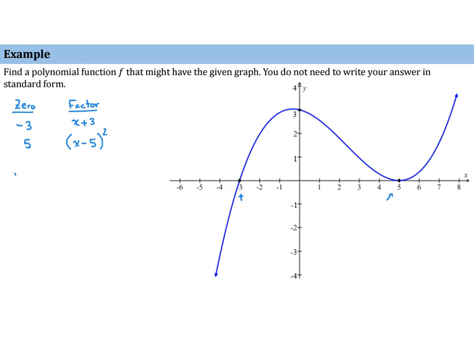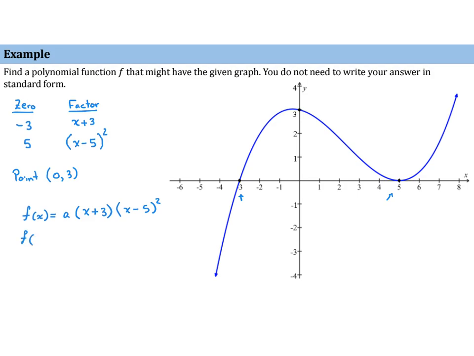And then we additionally have a point on the graph that's easily seen. The y-intercept is 0, 3. So f of x is going to be a times x plus 3 times x minus 5 quantity squared. But we need to figure out what a is.